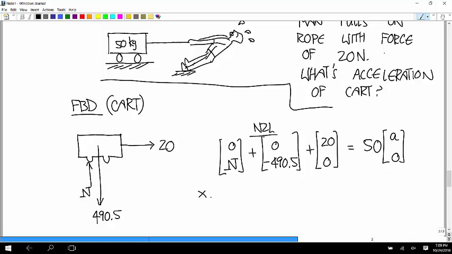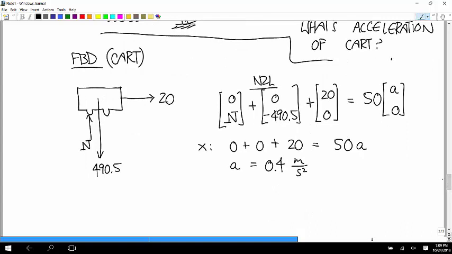Then the x equation says 0 plus 20 is equal to 50a. So a is equal to 0.4 meters per second squared. This is the acceleration vector.